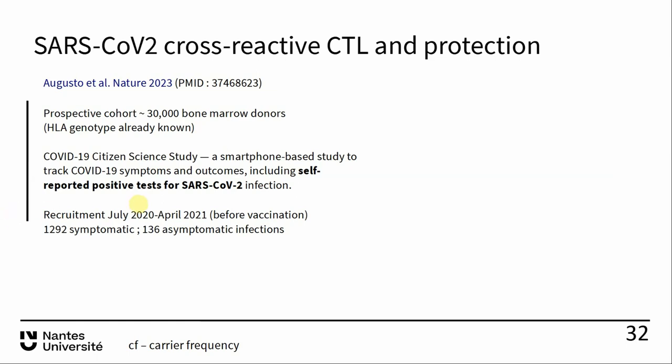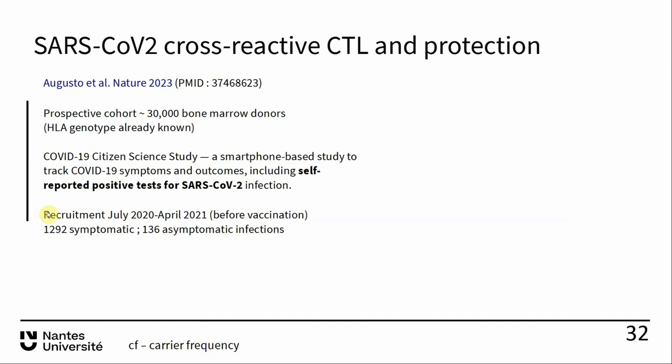And they had also managed to pick up 136 people who had an asymptomatic infection. So they had a positive rapid antigen test, but they didn't have any symptoms, okay? No fever, no tiredness, no headache.